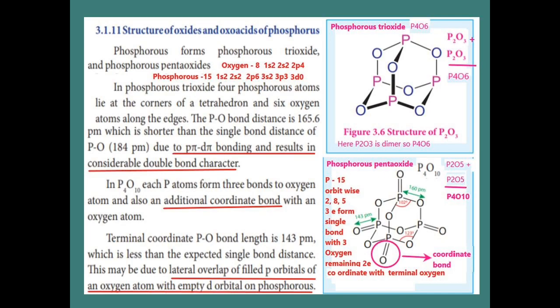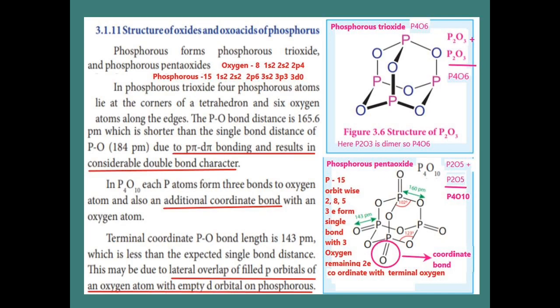Then here the structure: phosphorus, as I said sometimes, has a valency of 3. So one lone pair of electrons is present, which I indicate in red color. Phosphorus 15, orbit wise, how can we write it? That means 2, 8, 5. So 3 electrons form single bonds with the 3 oxygens, and the remaining 2 valence electrons are given to the terminal oxygen.